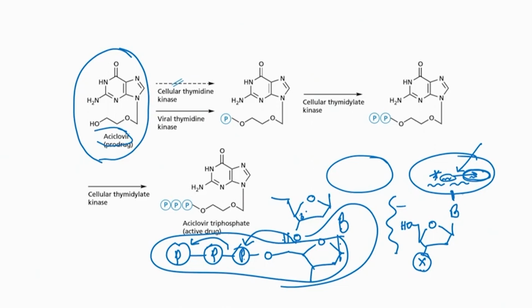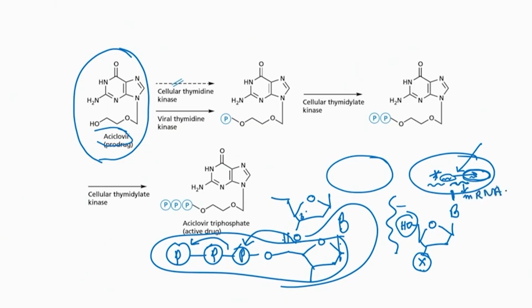If that be the case, then what will happen? Of course, this is not given as the triphosphate, it is given only as the alcohol, that means only the nucleoside, but to participate in this polymerization reaction, this has to be transformed into the triphosphate. Okay. So, what I have said is that suppose I want to stop this process, that means the DNA going to the mRNA of the virus.